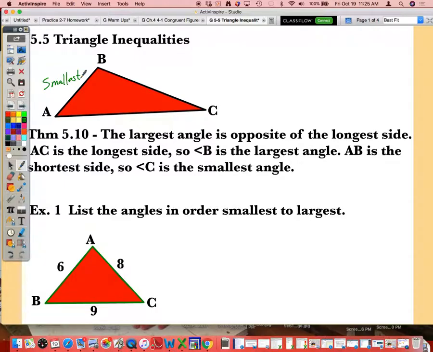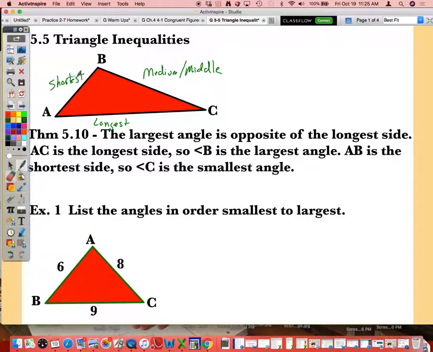All right, what would you say the medium side is? This will be the medium or the middle, right? And the longest is, I guess I should write this not as the smallest, but as the shortest.